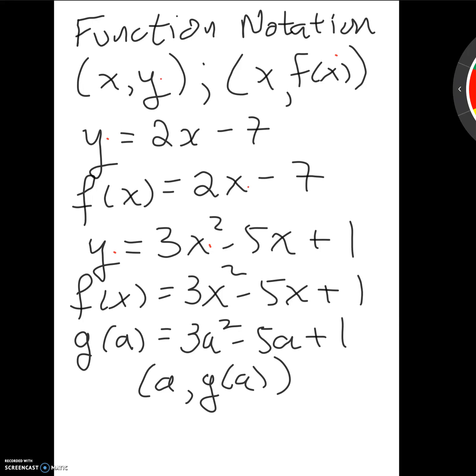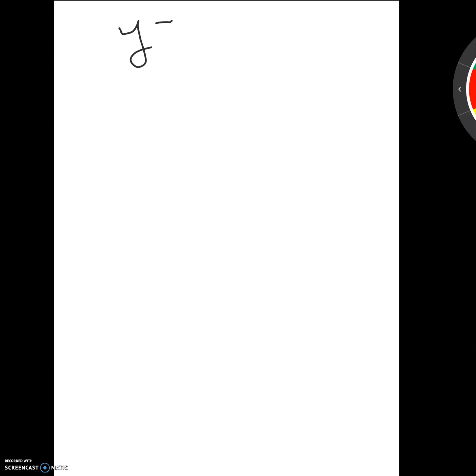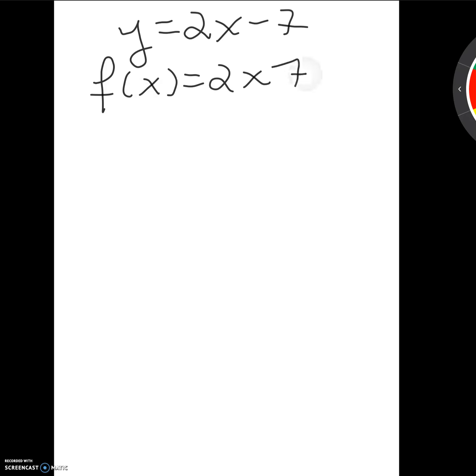Let's talk about how we can evaluate functions based on this information. So let's go back to that original y is equal to 2x minus 7, with the understanding, again, that I could also call that f of x is equal to 2x minus 7. Okay, so let's evaluate f of, let's say, 5.